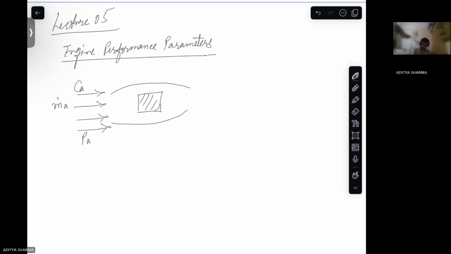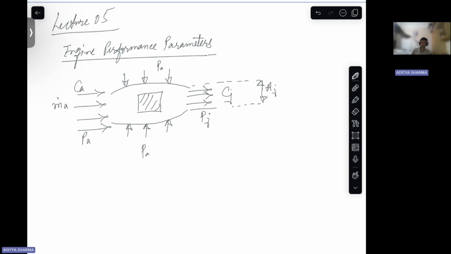This is, subscript A is for air. This is pressure from outside. And this is exit velocity of jet, right? And this is basically your area at the exit and pressure at the exit.